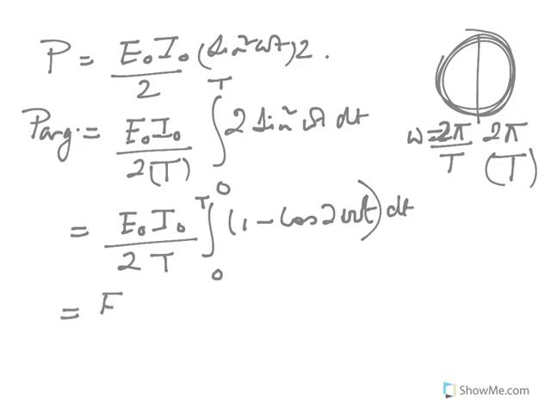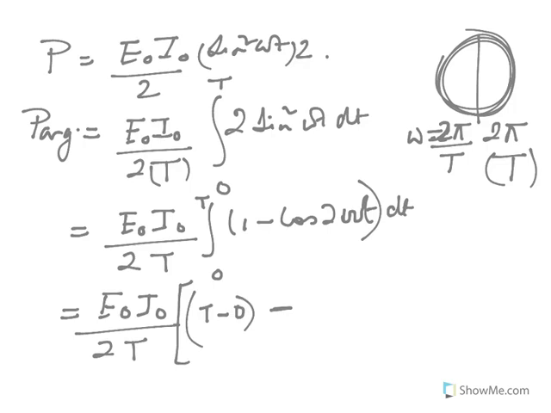So this becomes equal to E0 I0 by 2t, and here the first term you get as t minus 0, and the second term you get as 1 by 2 omega sine 2 omega t from 0 to t.